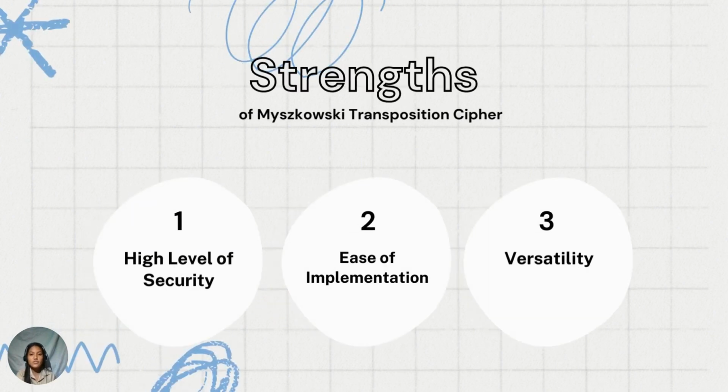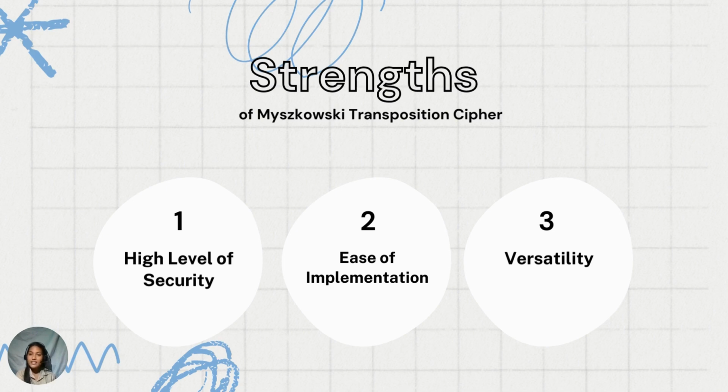Now let's talk about the strengths and weaknesses of the Myszkowski transposition cipher. Myszkowski transposition cipher provides a high level of security, especially when used in combination with other ciphers. Another strength of the Myszkowski transposition cipher is ease of implementation.